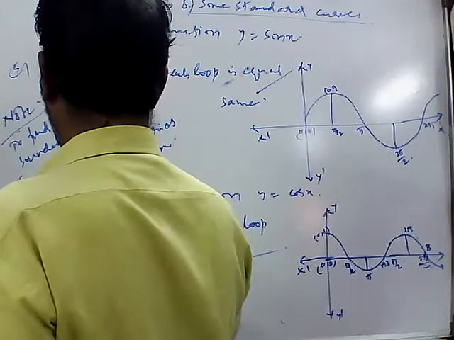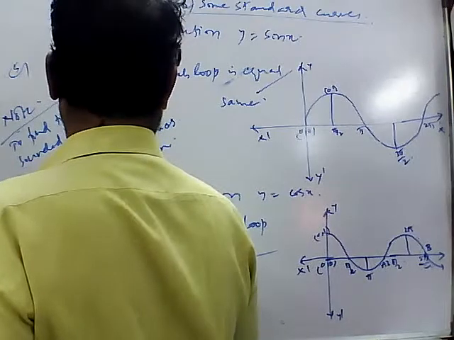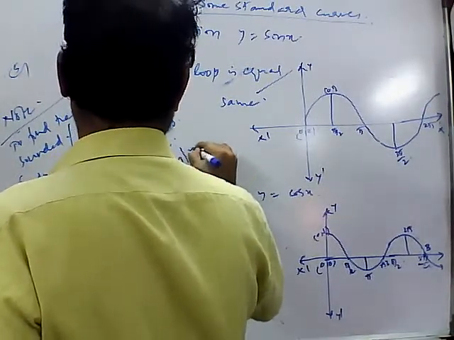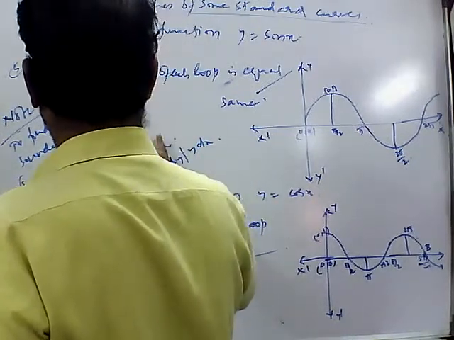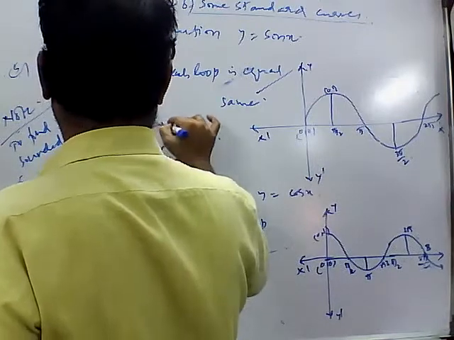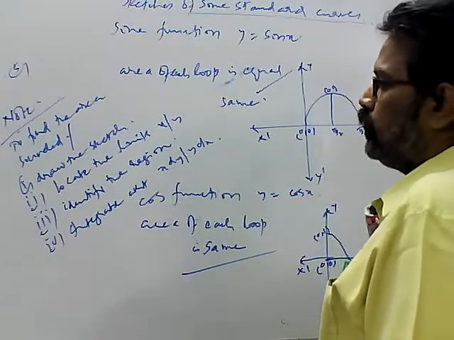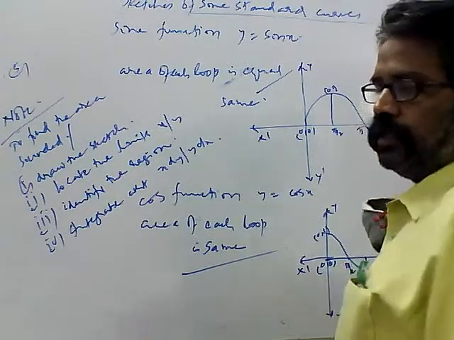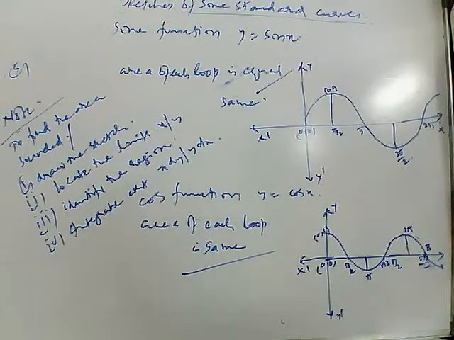Then integrate with respect to x, dy or y dx. So this is it: draw the sketch, locate the limits x and y, identify the region, integrate with respect to dy or y dx. In this case, you'll get the area like this. This is the standard format you have to follow. Okay.